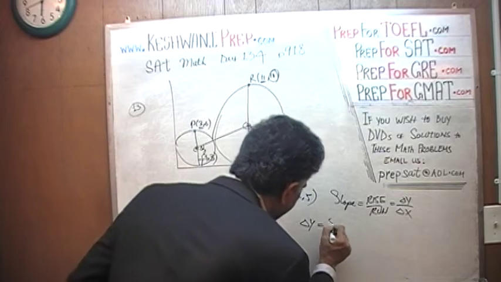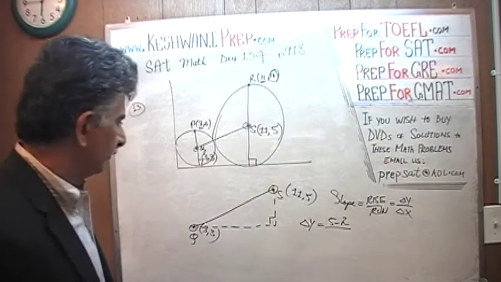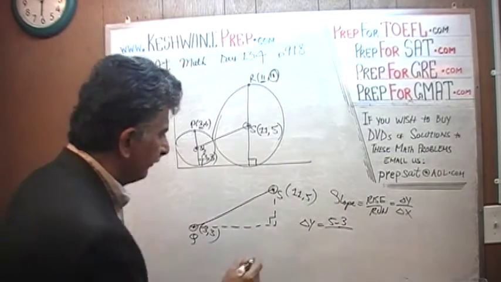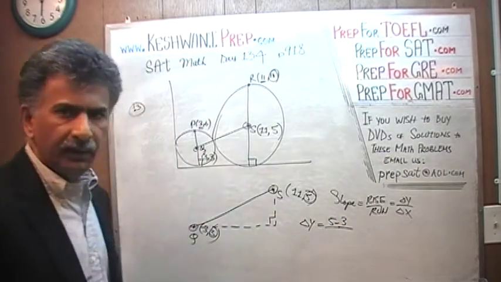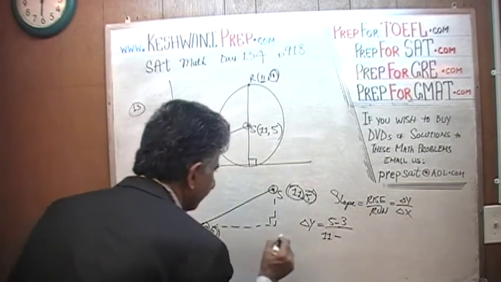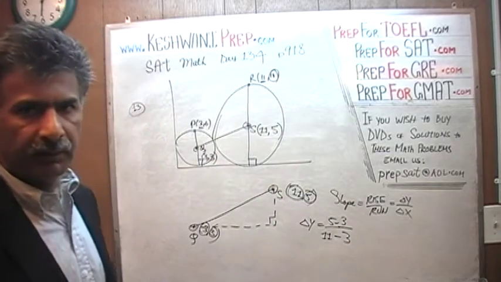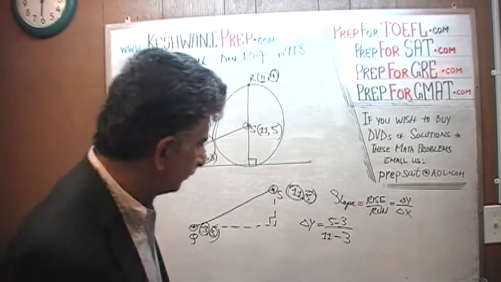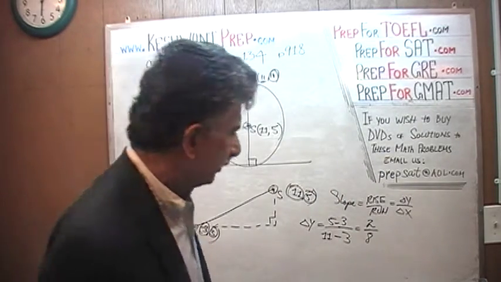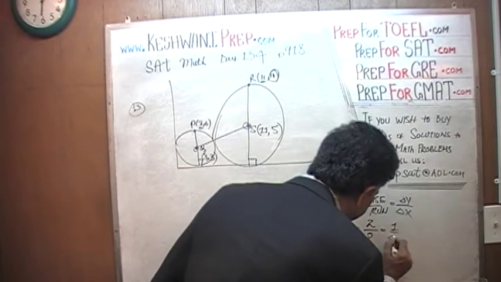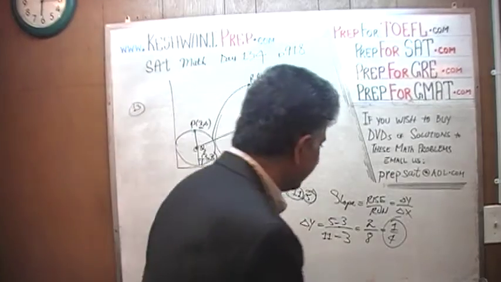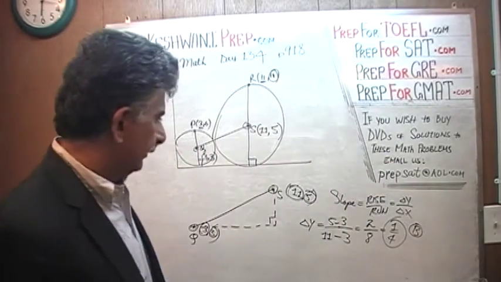Change in y is 5 minus 3. And change in x is 11 minus 3. 5 minus 3 is 2, and 11 minus 3 is 8. So it's 2 over 8, or 1/4. That's our answer. The slope of this line is 1/4. The answer is B.